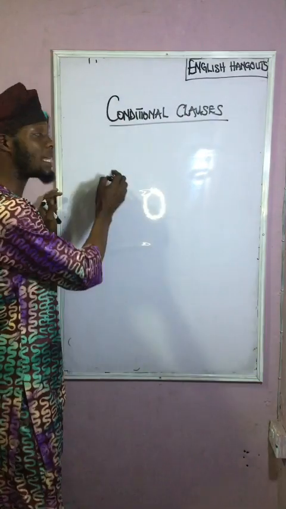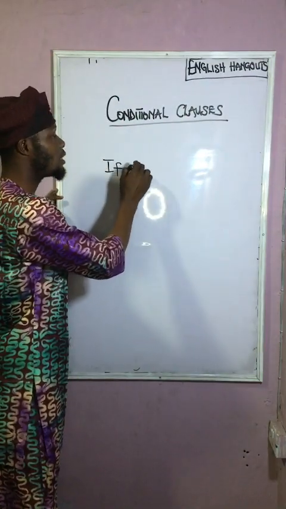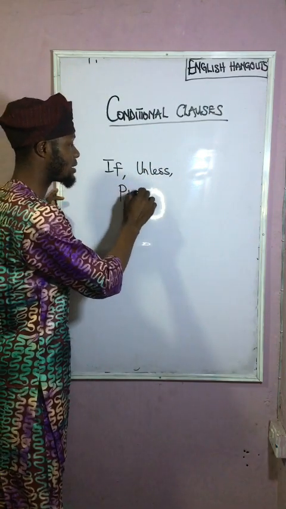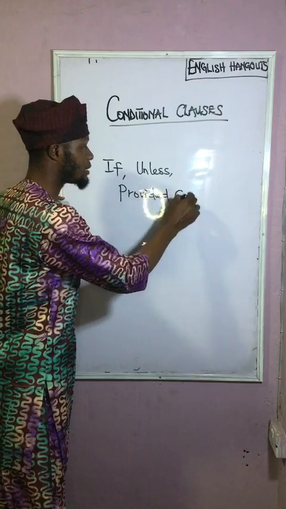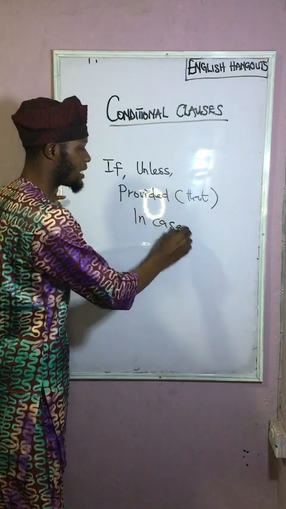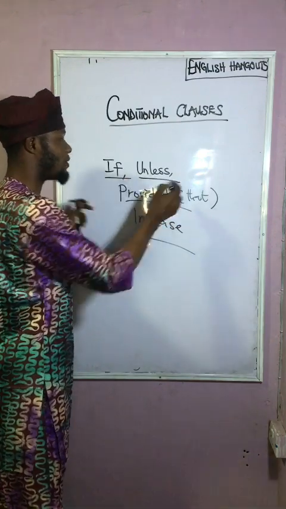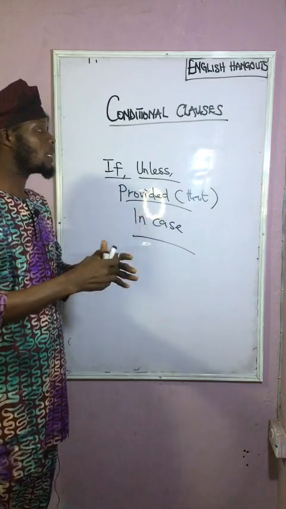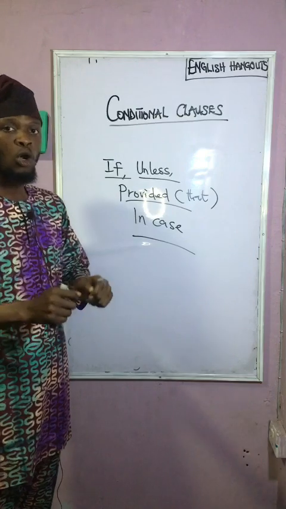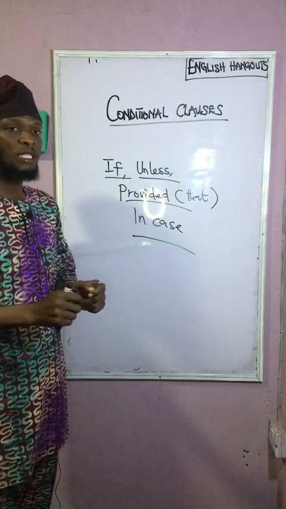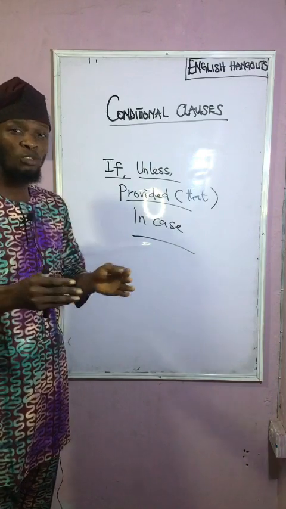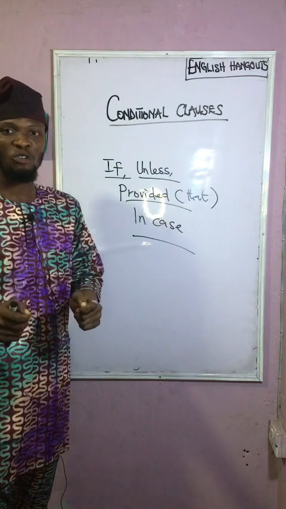If you come across a sentence with "if", words like "unless", "provided that", or "in case", that particular expression is a typical example of what we refer to as conditional clauses. I believe you are following.